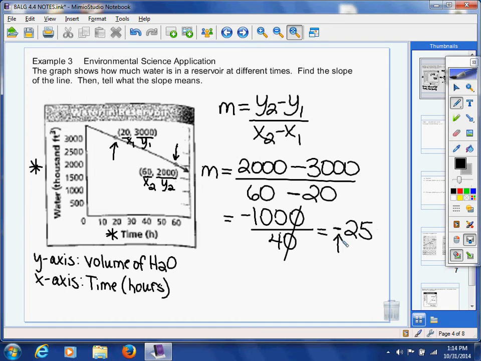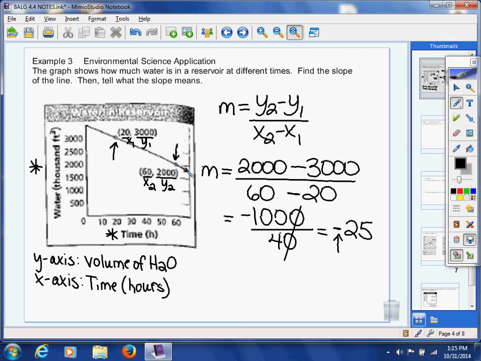If you got positive 25, you are incorrect. That's telling me that the line should be leaning to the right because it has a positive slope, therefore a positive correlation. This line does not. It's leaning left. It's starting up high and it's going down low. And that tells me it's a negative correlation, therefore a negative slope.